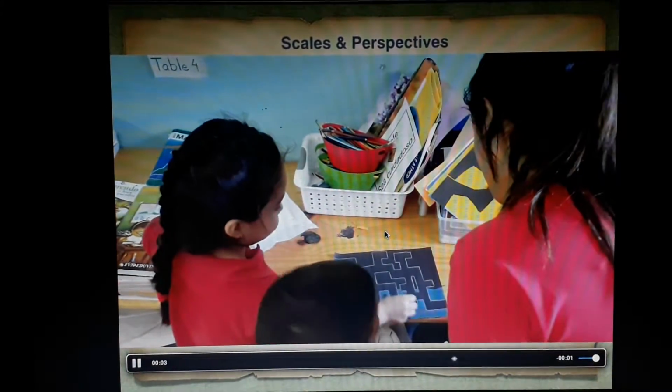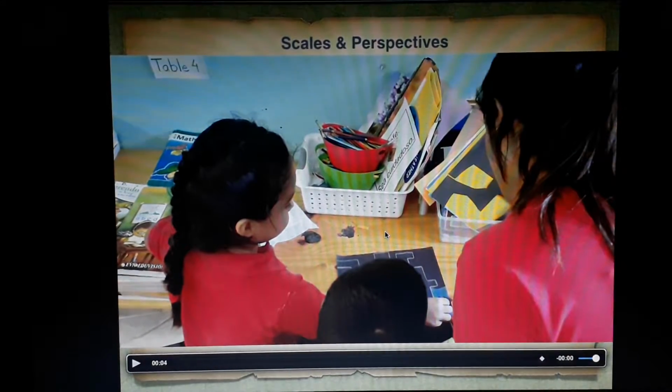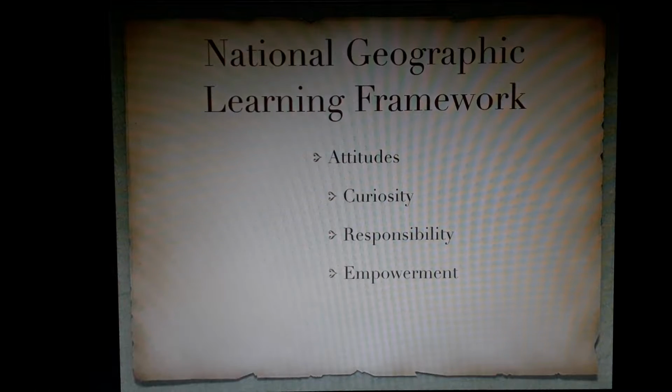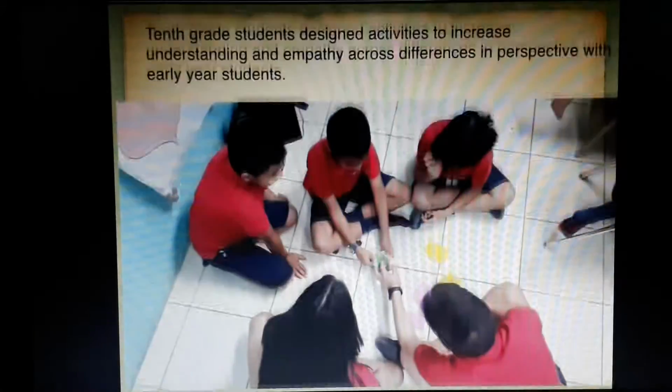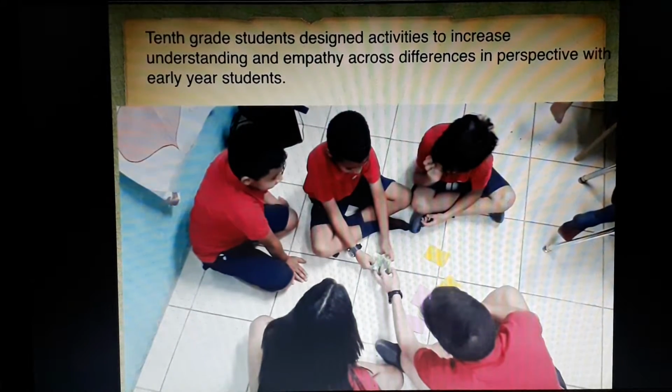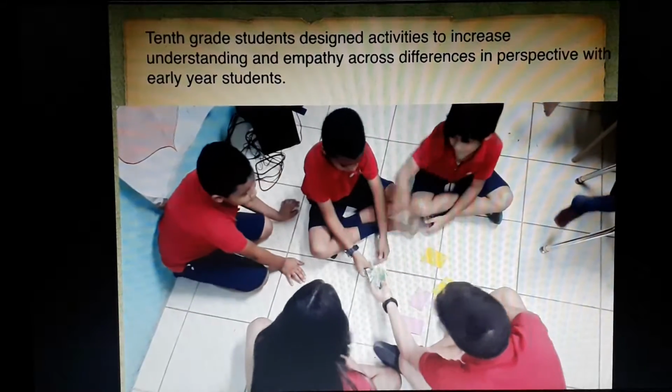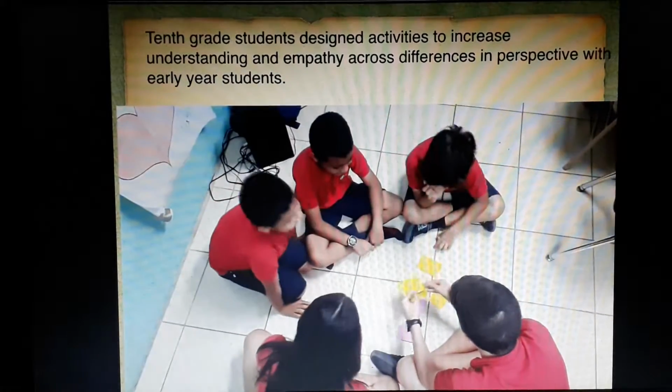Children can start to learn different things with the young people, related with different learning frameworks of National Geographic like attitudes, for example curiosity, responsibility, and empowerment. 10th grade students design activities to increase understanding and empathy across difference in perspective with early year students.